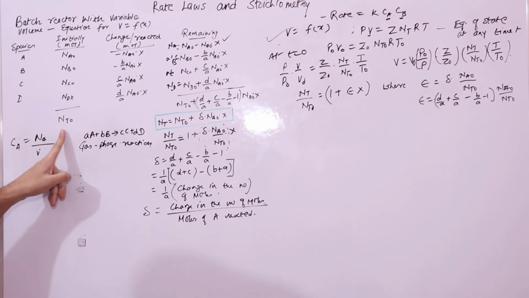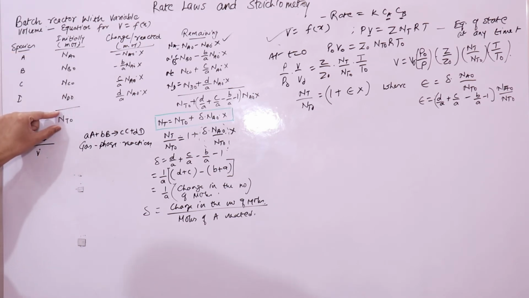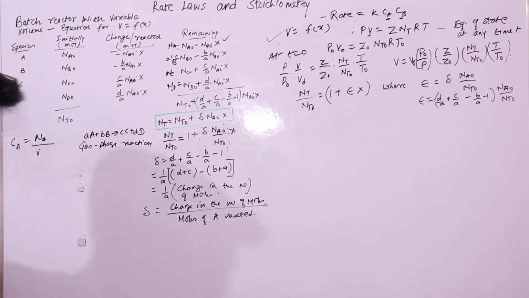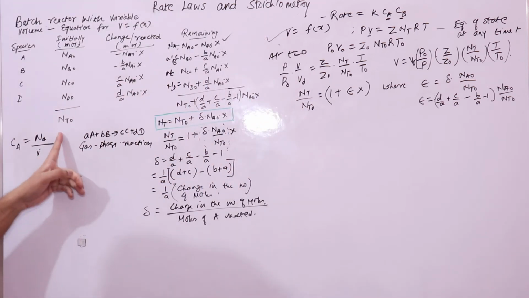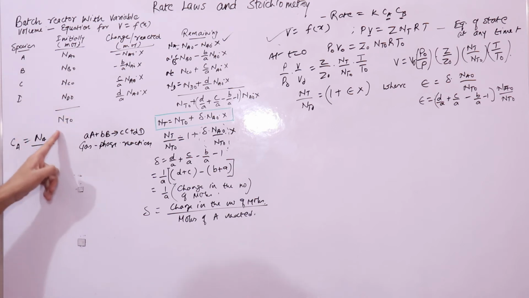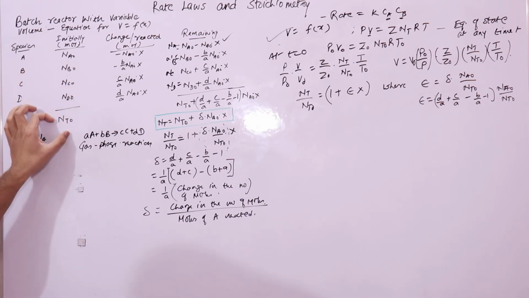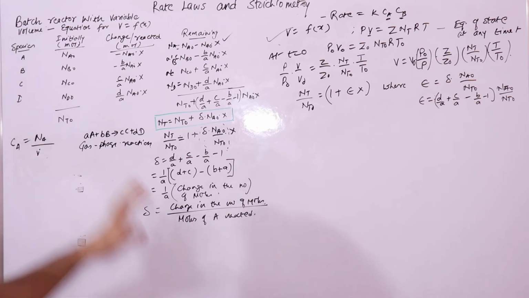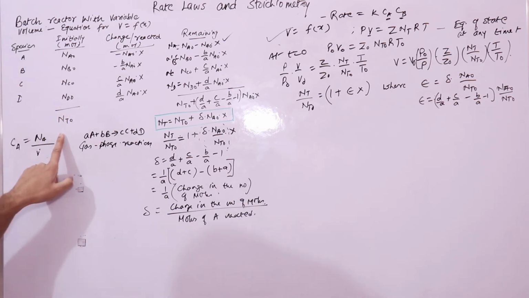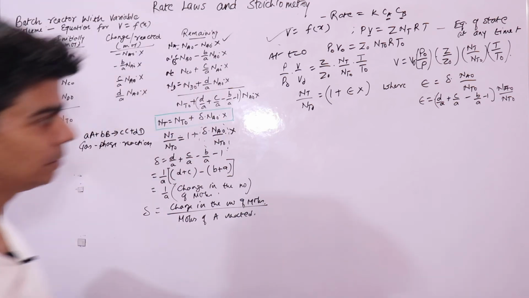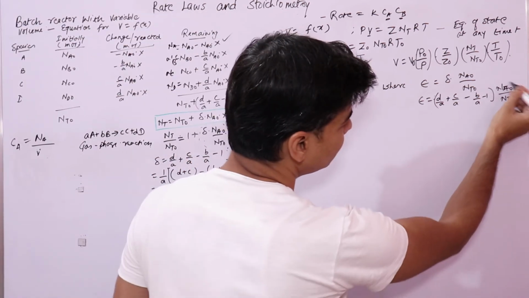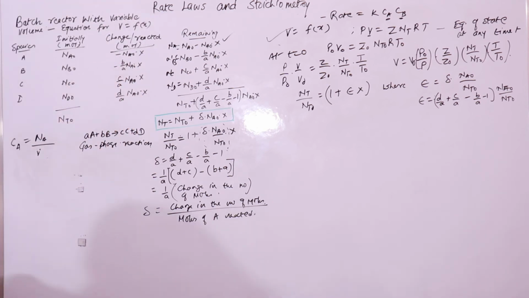If you recall from stoichiometry in your school chemistry, NA0 upon NT0, that is moles of A out of the total number of moles, is your mole fraction of A. Similarly, NB0 upon NT0 is the mole fraction of B, and NC0 upon NT0 is the mole fraction of C. So we will denote NA0 upon NT0 by YA0, which represents the mole fraction of A.